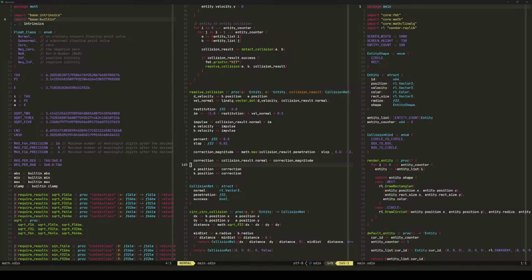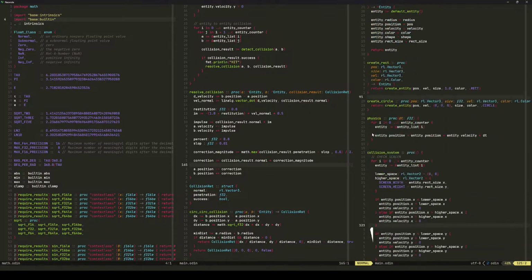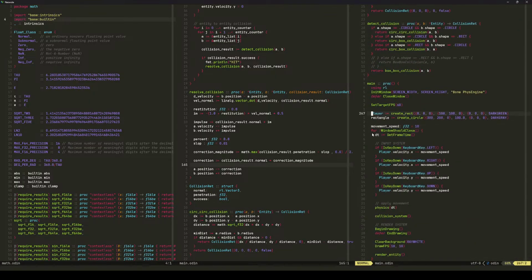Resolve collision velocity. I do wonder, it's very extreme. Probably I should just change the shape and test it on bare bone, right? Huh, interesting. Why did it not?